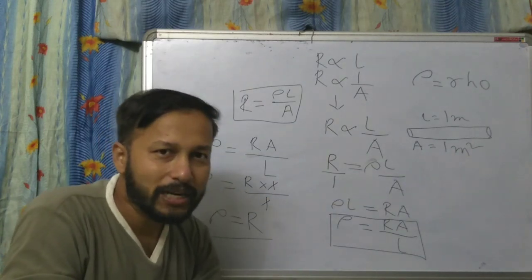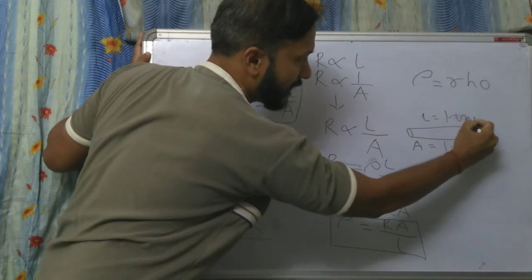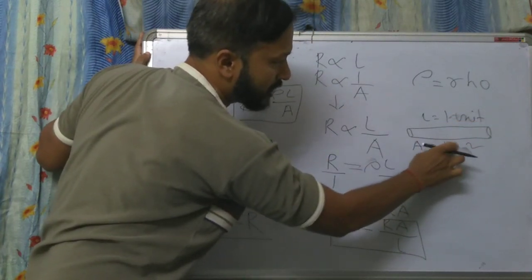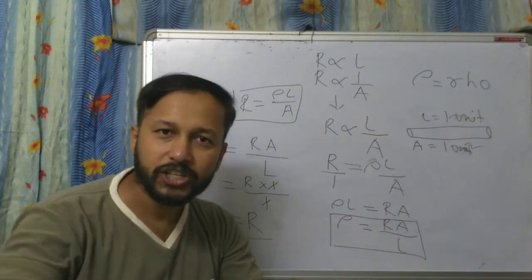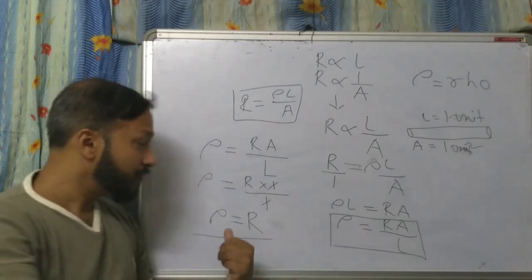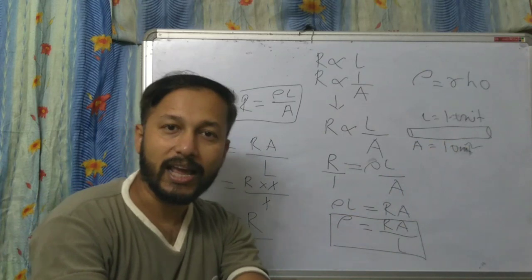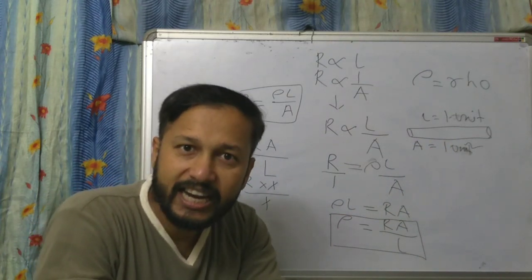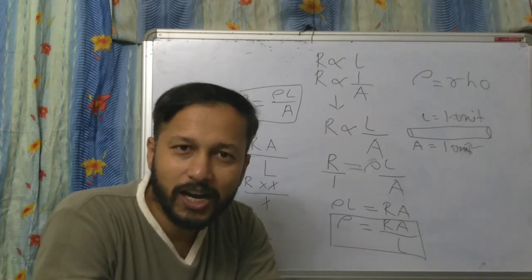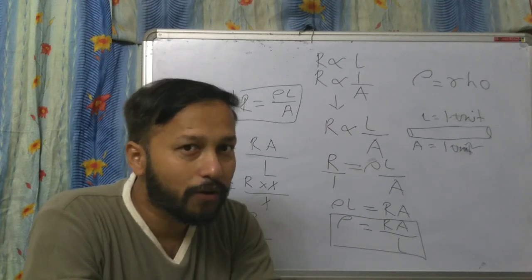But instead of using meter, we will use unit, U-N-I-T, and this is unit square. Fine. So, how can we say the definition of specific resistance? Specific resistance is the resistance of a wire whose length is 1 unit and cross-sectional area is 1 square unit. Understood?